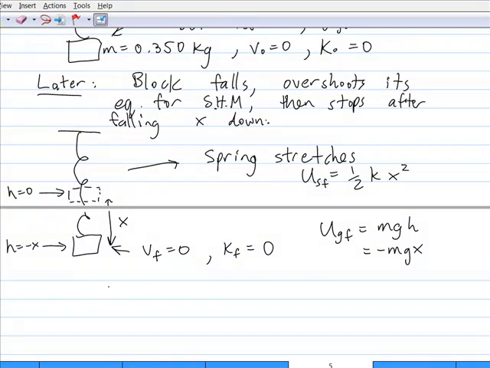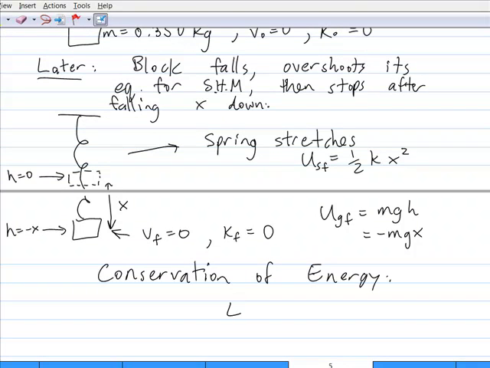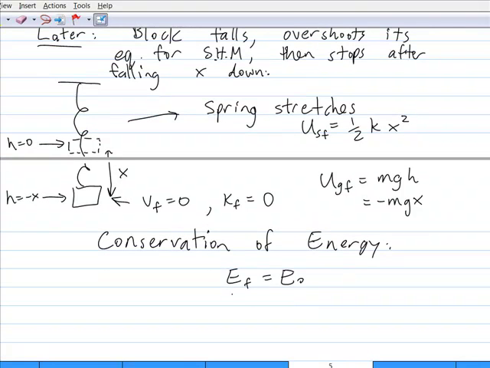So let's do our equation for conservation of energy, which is just that the final energy equals the initial energy. One of my favorite equations, just because it is so short. E_f equals E_0. So now we just expand those E's.